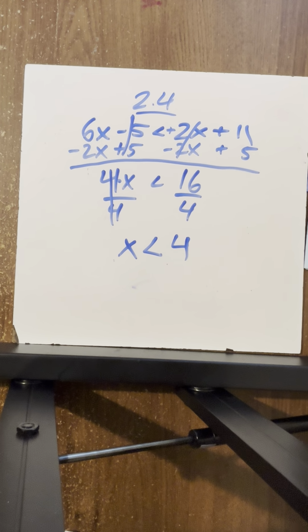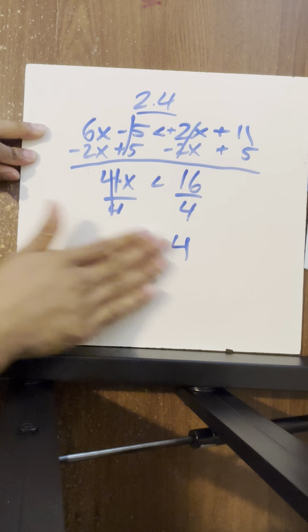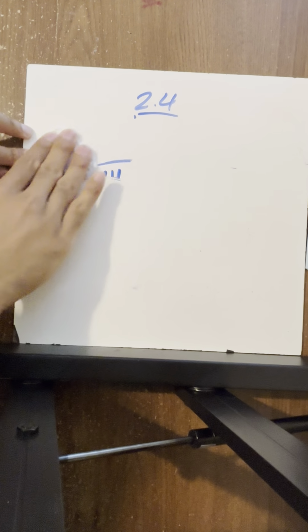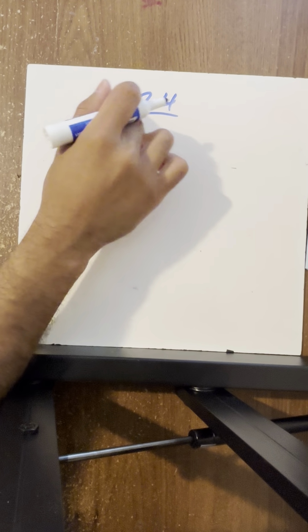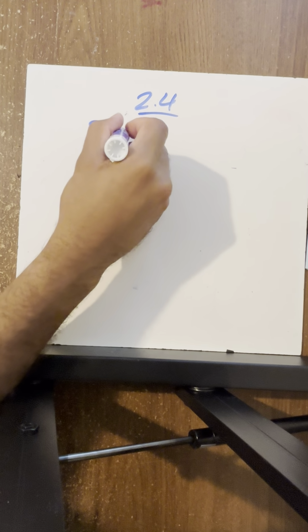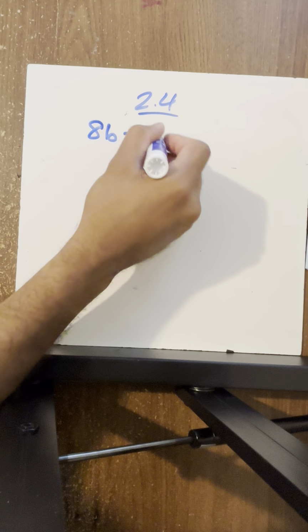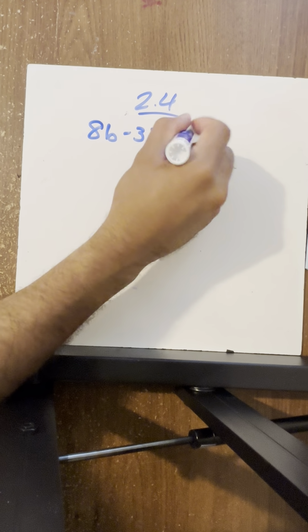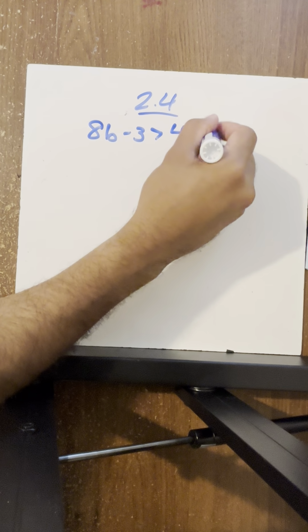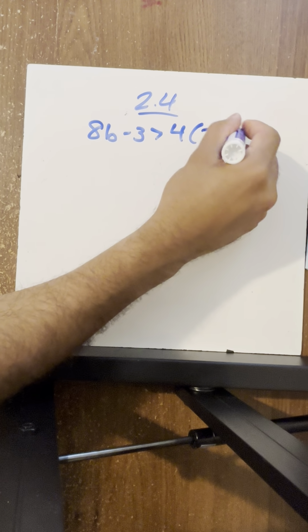Right. So what about when we have no solution or infinitely many solutions? What does that look like? Let's take a look at that really quick. All right, in this inequality we have 8b minus 3 being greater than 4 times 2b plus 3.